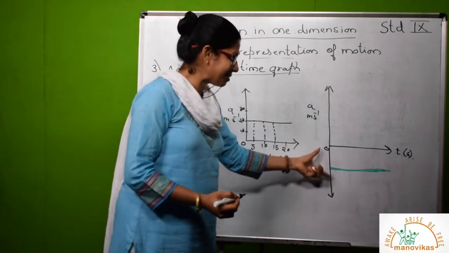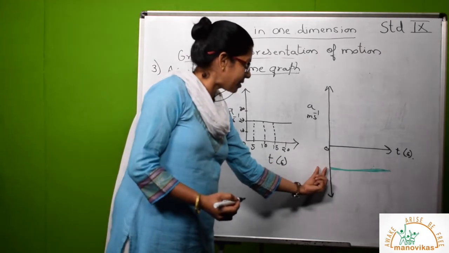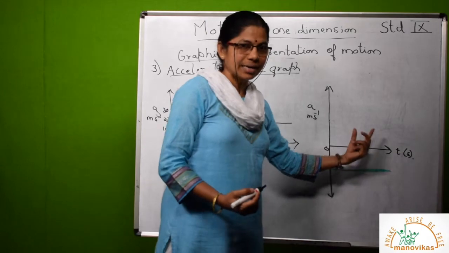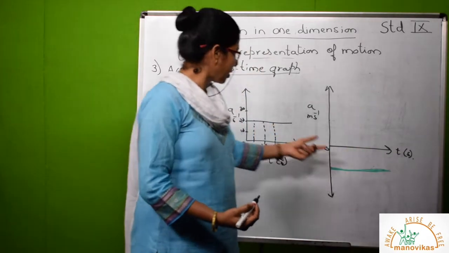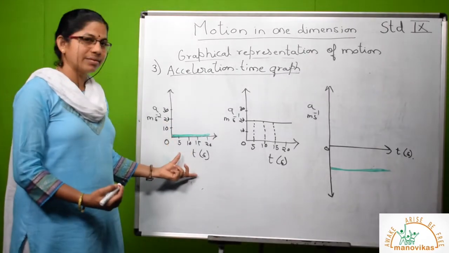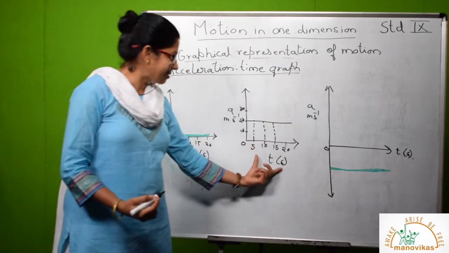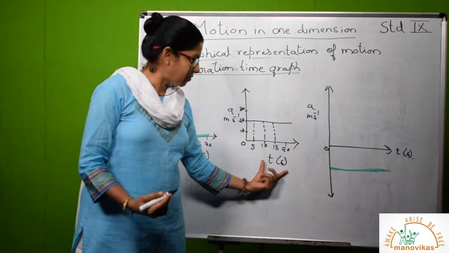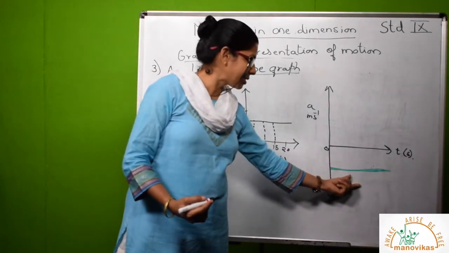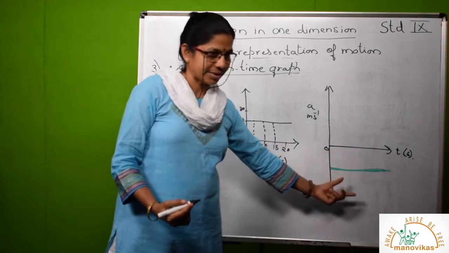That means this represents negative acceleration, or it is called retardation. So in the first case we have learned about 0 acceleration. In the second case we have learned about uniform acceleration. In the third case there is retardation present.